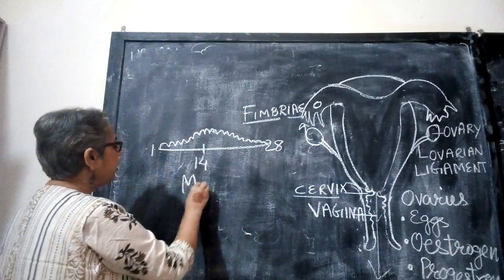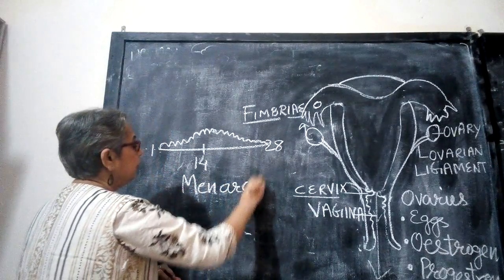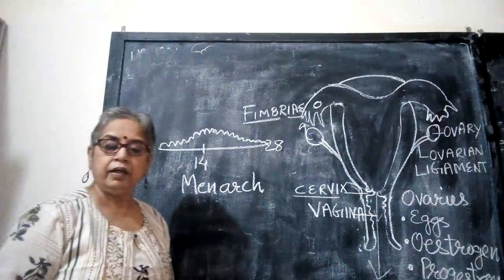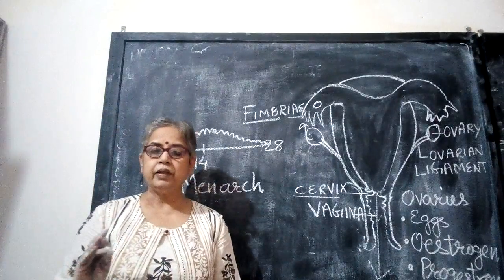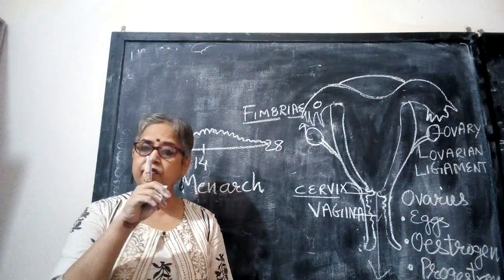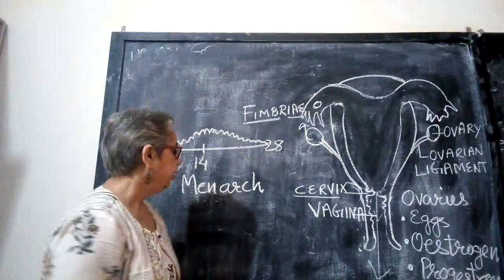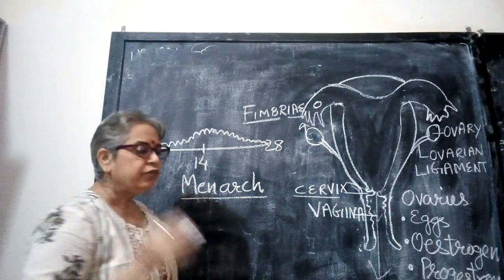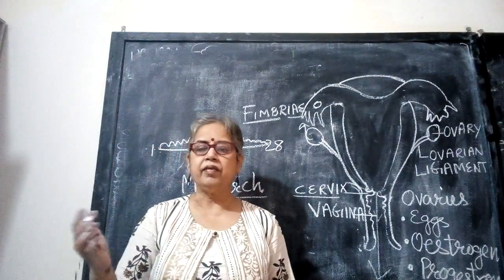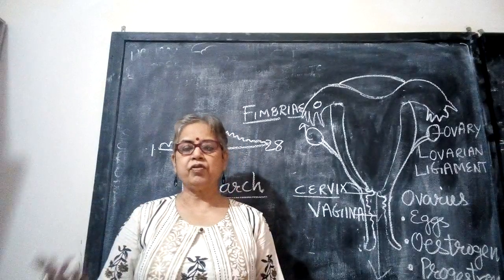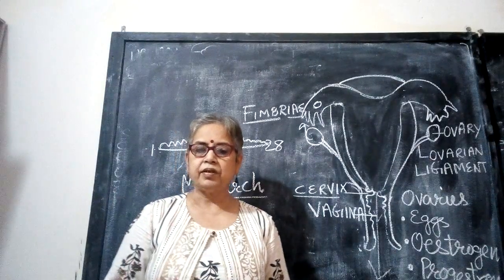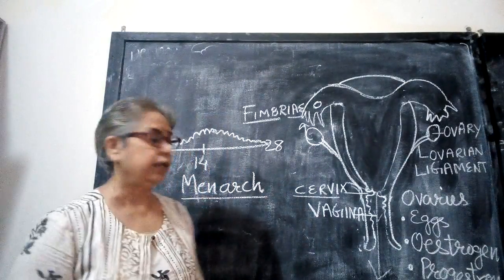So what is menarche? It is when a female has her periods, her menstrual bleeding, for the first time in her life, at the age of 10 to 13. It varies from person to person, depending on climatic conditions, diet and genetics.